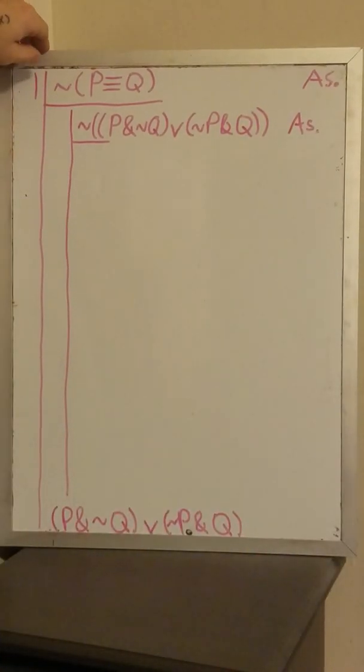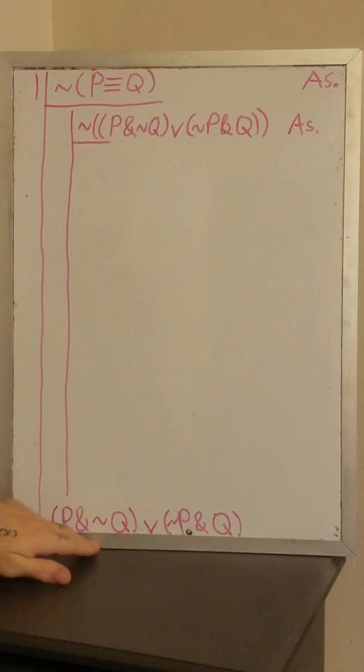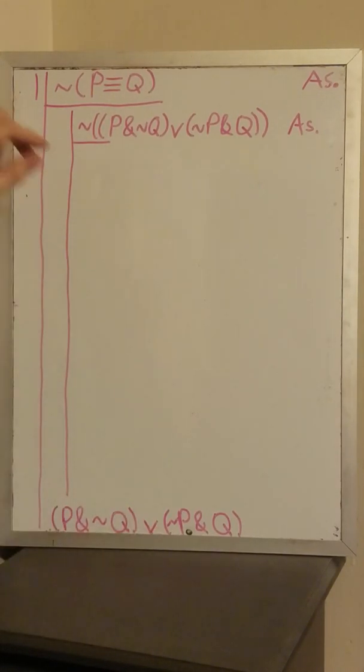Again, we're assuming this for purposes of negation elimination. We want to show that assuming this is not true is going to get us into some kind of problem. And so we're going to have to drop the negation sign.